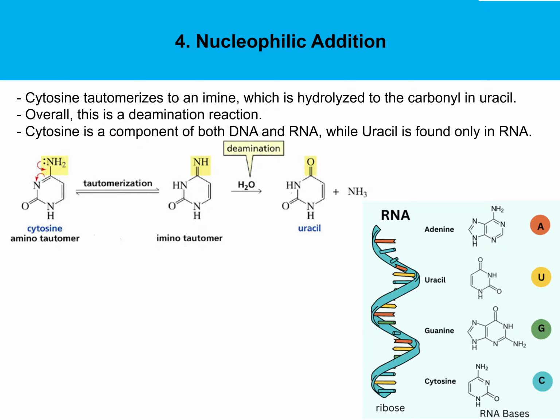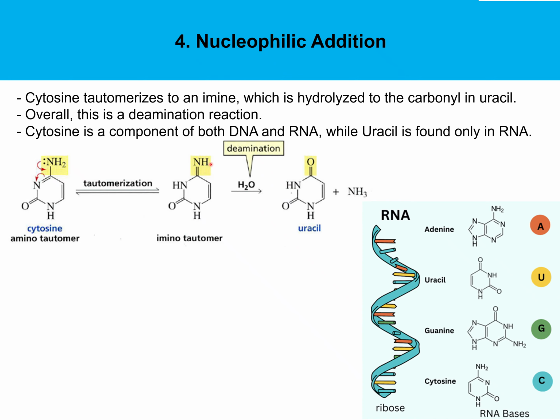Nucleic acid bases cytosine and uracil can be interconverted through a tautomerization followed by a deamination reaction. Starting with cytosine, we can convert this amino group into an imine through a tautomerization reaction. Notice the double bond shifts from being in between this carbon and nitrogen to being in the other carbon and nitrogen in the imine tautomer.